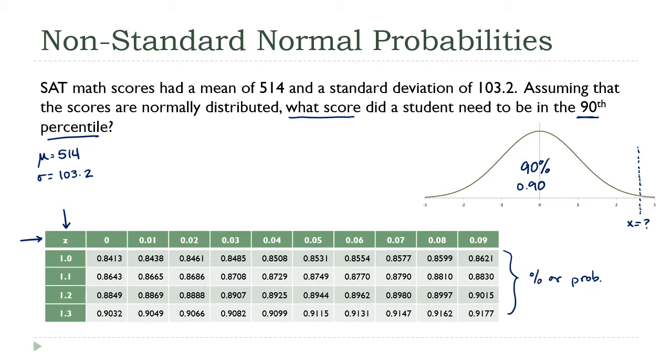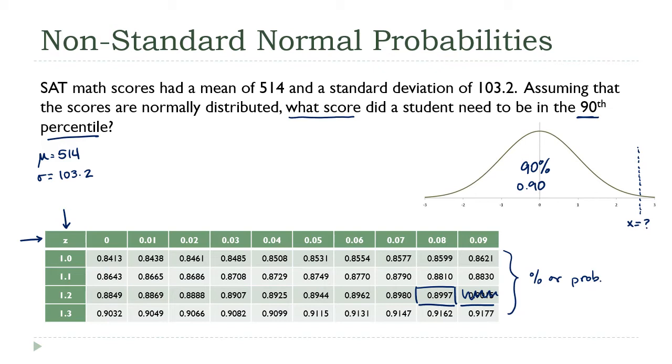I see I've got 0.8997 and 0.9015. 0.90 is between the two of those somewhere. This value here, 0.8997, is closer to 0.9 than 0.9015. So that's the value I'm going to use.